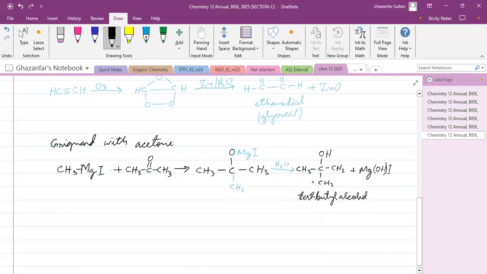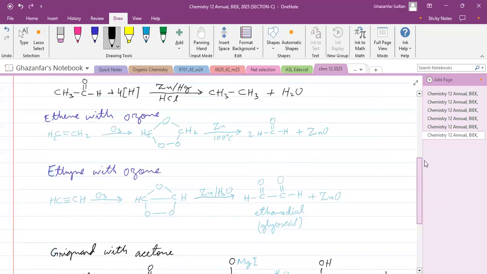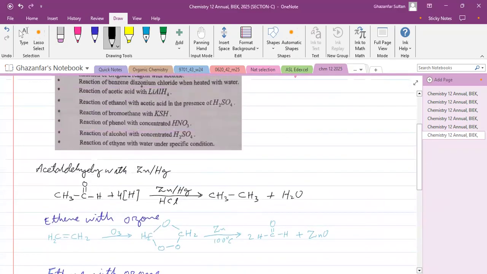Or you can write its name as 2-methyl propan-2-ol. So both are correct names. Tertiary butyl alcohol is the common name, while 2-methyl propanol is the IUPAC name.